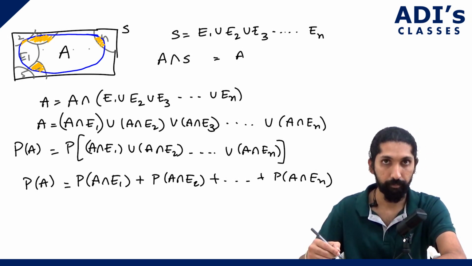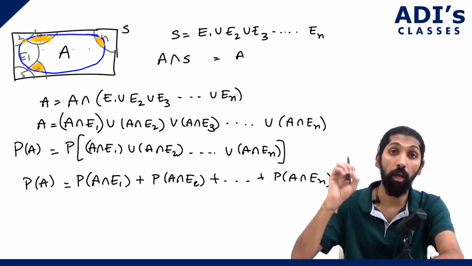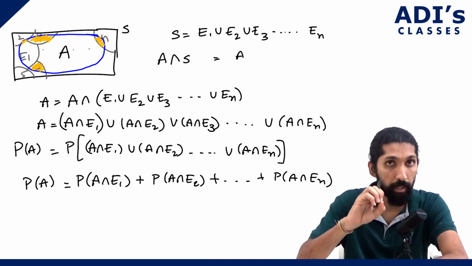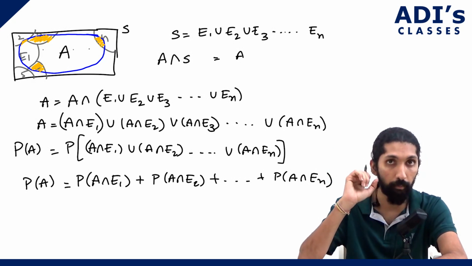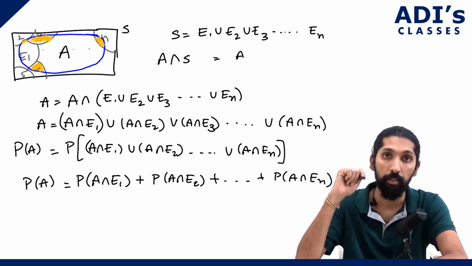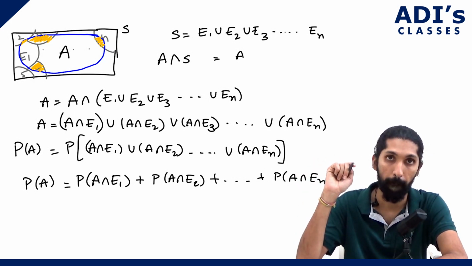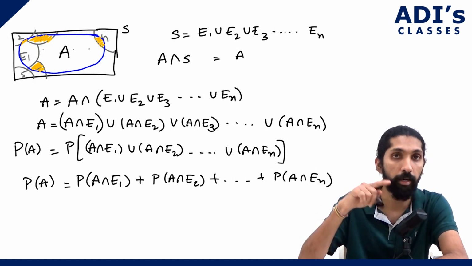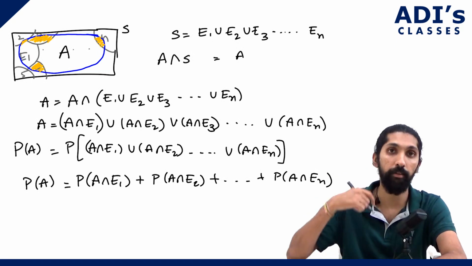Makes sense? Now we'll use the multiplication theorem. What did we discuss in that? P of A intersection B is P of A into P of B given A, or P of B into P of A given B. So we'll make use of that here.